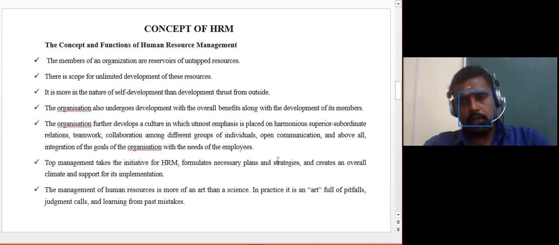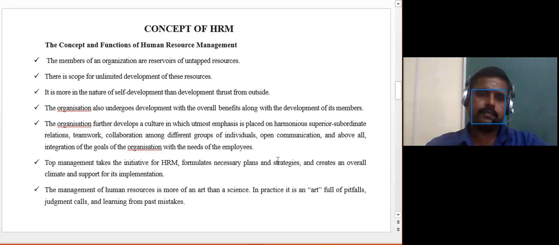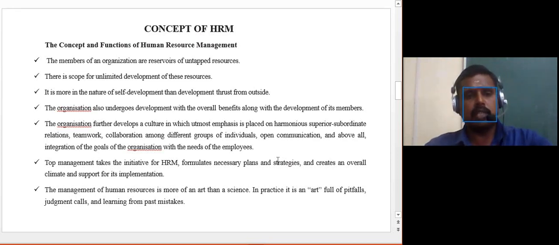The concept of human resource management, the concept and the functions of human resource management practices, talks about the members of an organization in a well-reputed concern, and in what way they are utilizing the resources, particularly the human resources.